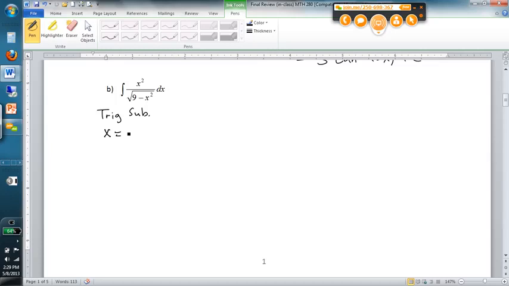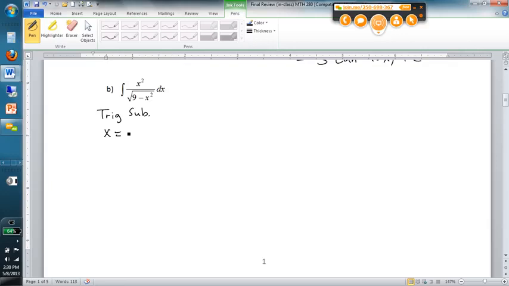I'm going to substitute for x something in terms of a theta, either sine theta or tangent theta. And again, it's based on whether you have something minus x squared or x squared minus something. If it was x squared minus something on the bottom, that would be secant. If it is x squared plus something, that's tangent. This is 9 minus something squared, so that's sine.